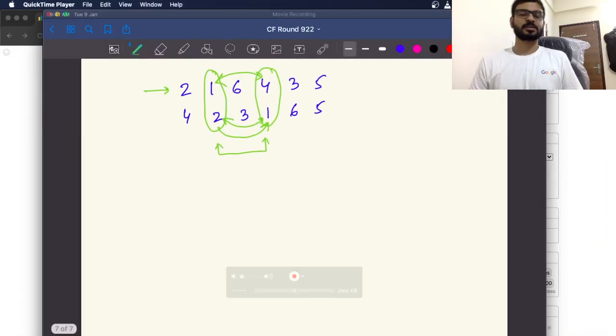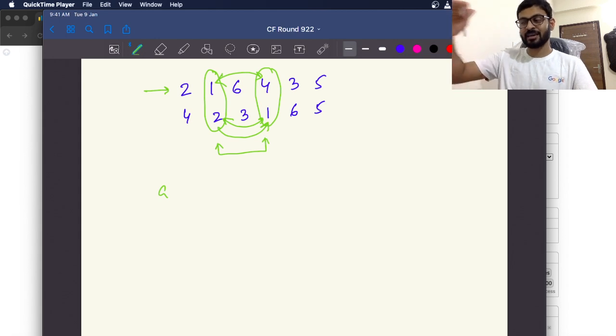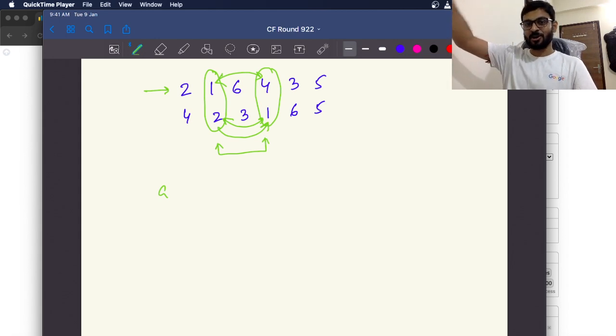First of all, in this kind of problem, the most general way to avoid getting distracted, avoid going down the wrong path, is don't get confused with so many indices together. Don't think that I have AI, BI, AJ, AK, AL, all of them together.